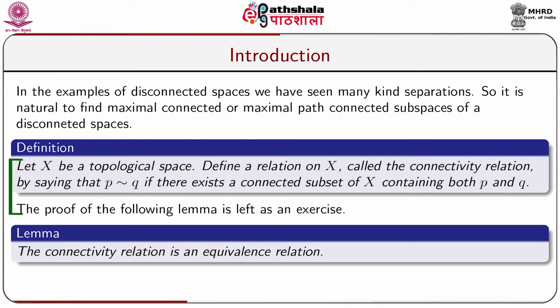We have to say something about transitivity. For transitivity, let P and Q be related and Q and S be related, where P, Q, S are three points of the topological space X. Since P and Q are related, there exists a connected set containing both P and Q. Again, as Q and S are related, there exists a connected set containing both Q and S. Now both of these connected sets contain Q, so their union is also connected.